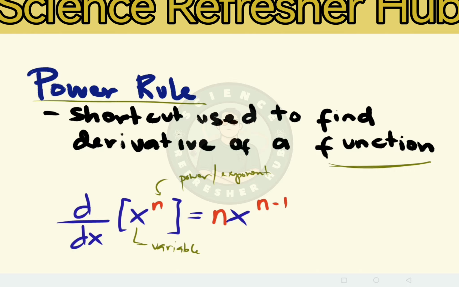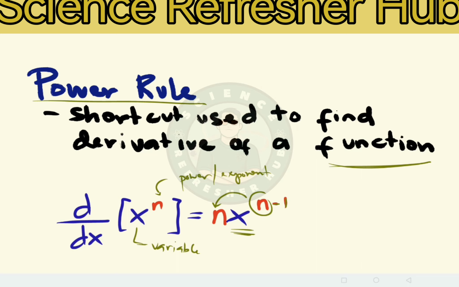So if you have a variable and an exponent, just follow this formula here. Whatever the value of this n is, you just have to put it in front of the variable, and then afterwards you will have to deduct one from that exponent n.